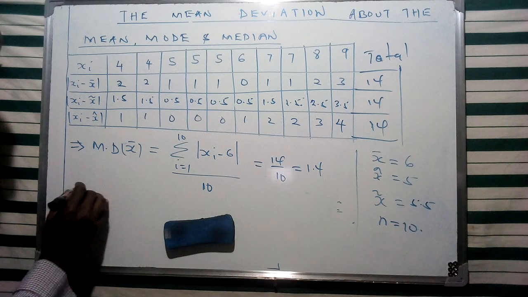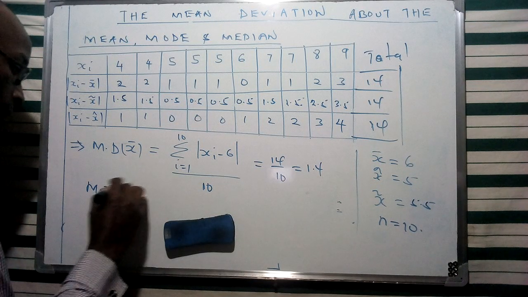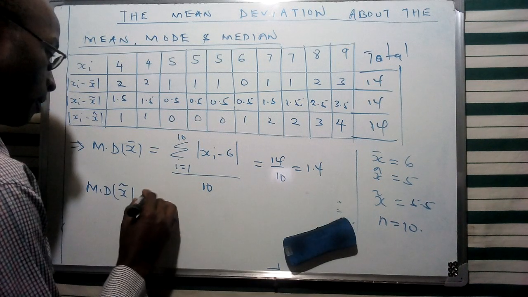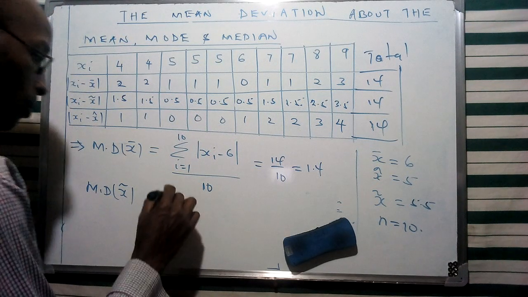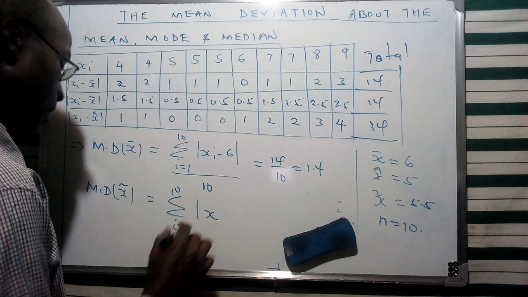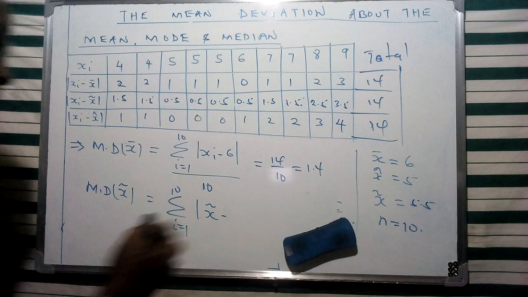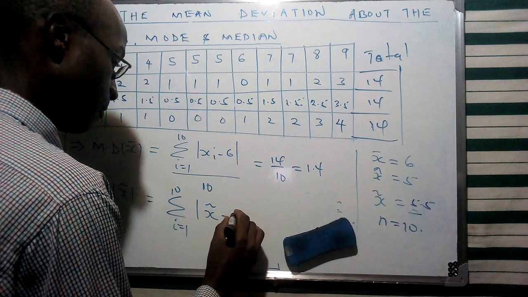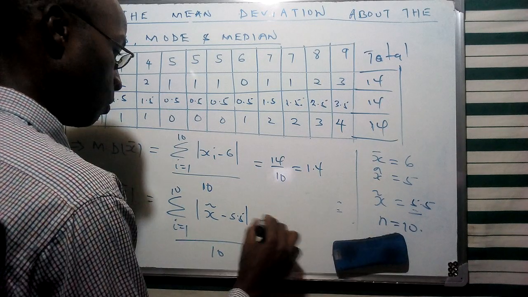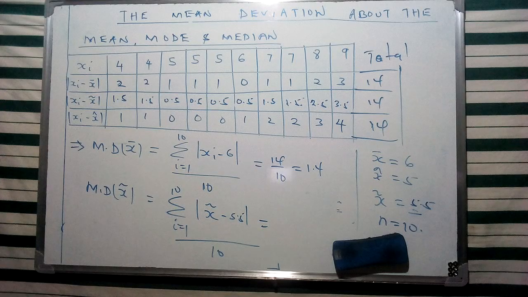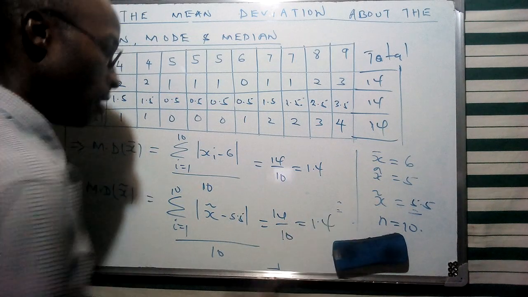And then we shall find the mean deviation about the median, which is given as the summation from i equals 1 to 10, where 10 is our value of n, of the absolute value of x minus the median. We said our median in this case is going to be 5.5. So we shall have the absolute value of x minus 5.5 divided by 10. And this is going to be, as we said, the total of 14 divided by 10, and this is going to give us 1.4.